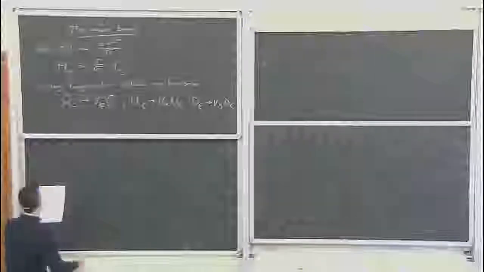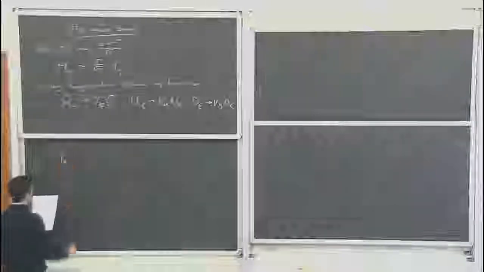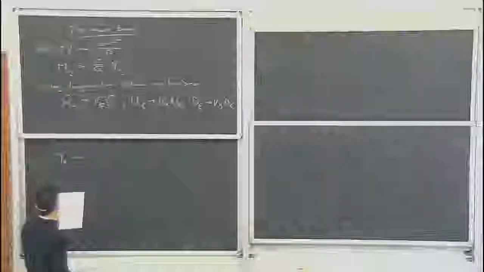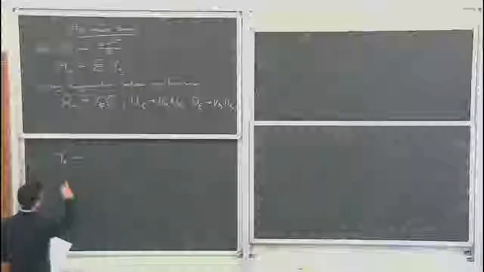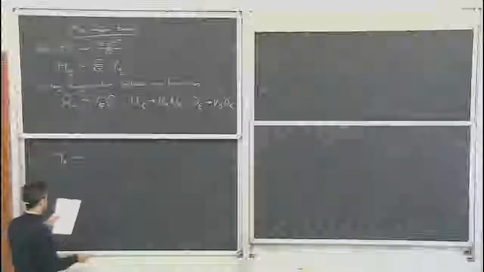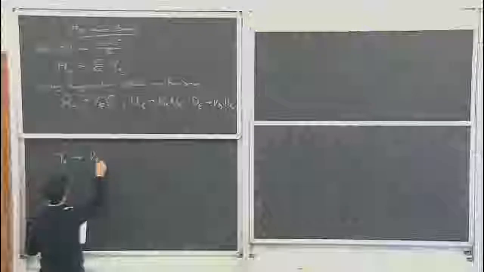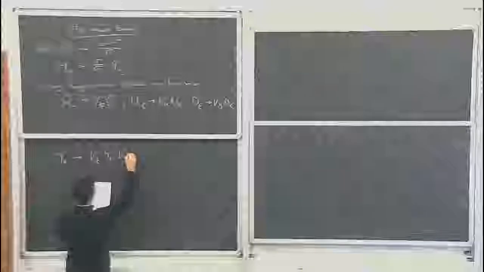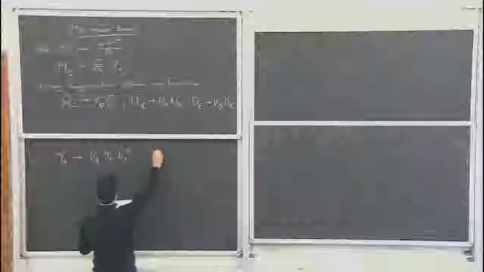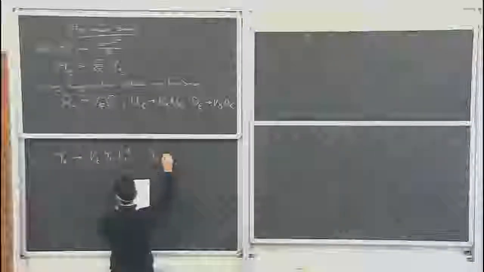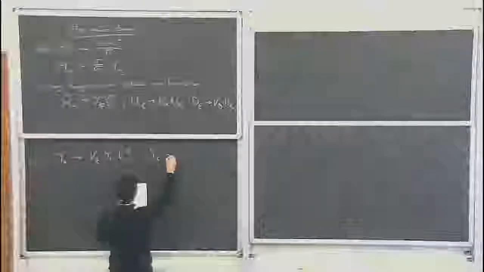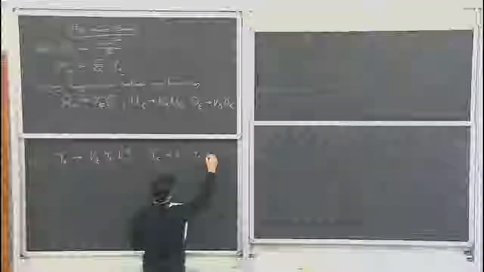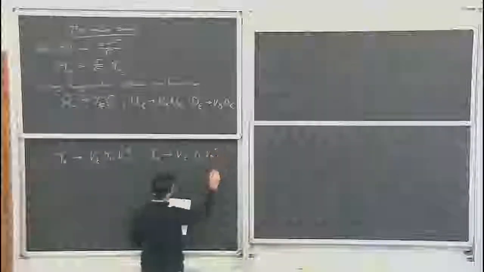Extracting the corresponding transformations from the Yukawa terms, we see that an up-type Yukawa in a given basis after the rotation is given by VQ times YU times VU Hermitian conjugate, and correspondingly the down-type Yukawa matrix is transformed as VQ YD VD Hermitian conjugate.